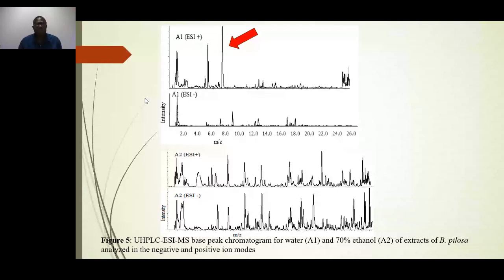Now, in my discussion, the flavonoid and phenolic compounds have 33% and 42% in 70% ethanol extract respectively, and we believe that high flavonoid could have caused higher antioxidant activity and cytotoxicity effect recorded in the ethanol extract.